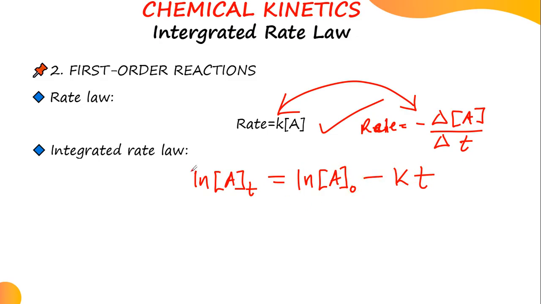Everything is just the same, but we've just introduced the ln. Is it clear? You can't forget this: for the first order, just add the ln in front of the two concentrations.